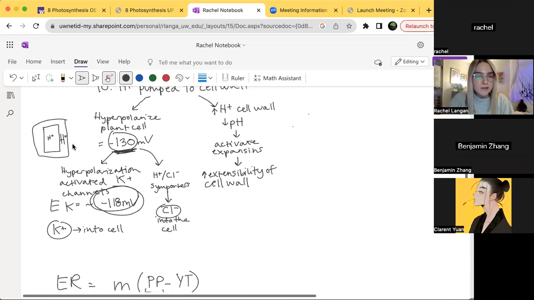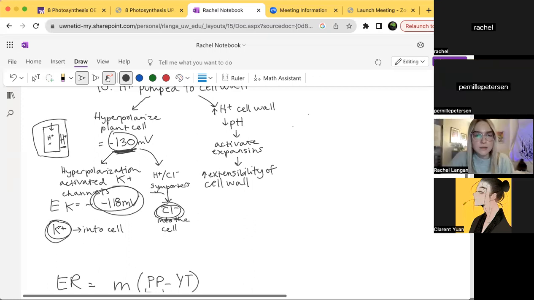If we have this pump making it really high in the cell wall, really low inside the cell, H plus is going to move down its gradient, so hydrogen ions are going to move in. And so with a symporter, that also means chloride is going to move in, which makes sense because we're trying to get these two ions into the cell to increase the solute concentration. All right, thank you. You're welcome.